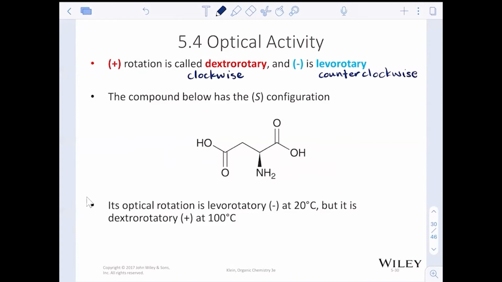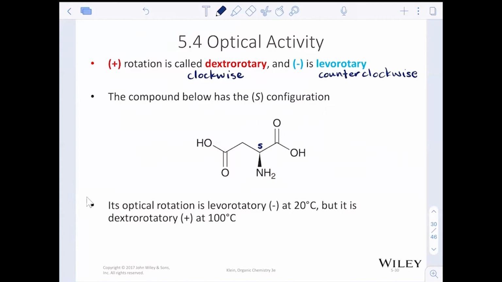Now, when we think about positives and negatives, we can think clockwise, right, or counterclockwise, left. But notice this compound below. This guy has the S configuration. Just noting R and S doesn't tell you if it's positive or negative. You actually have to go into the lab and figure it out.